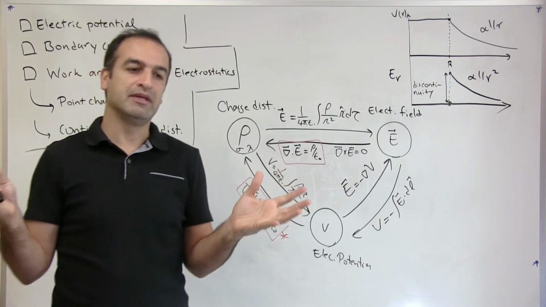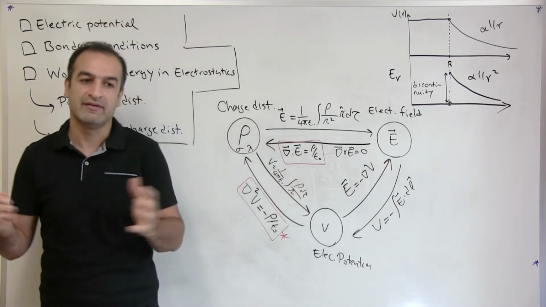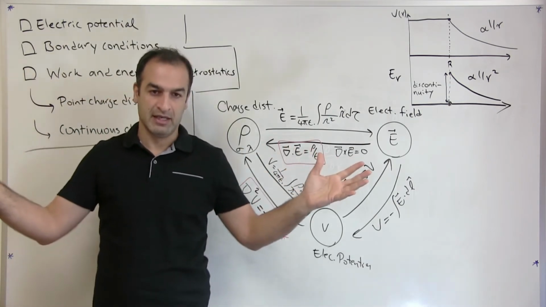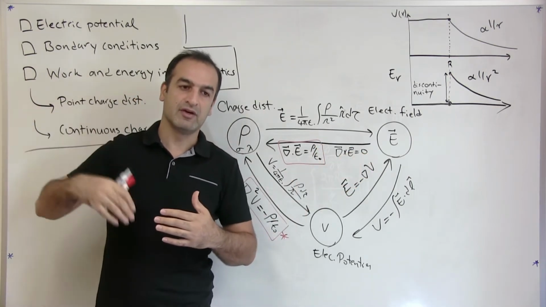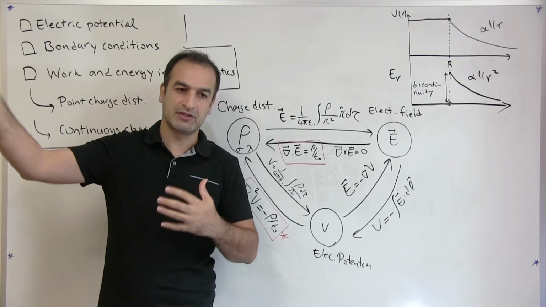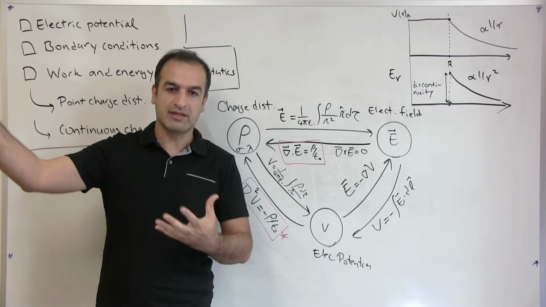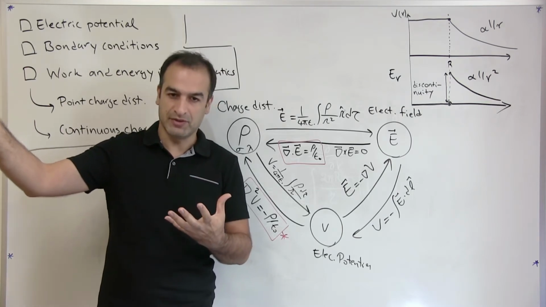And that could be how they behave at infinity, okay? So you can assume that electric potential at infinity, when you are way far away from your charge distribution, is zero. That's one boundary condition, okay?